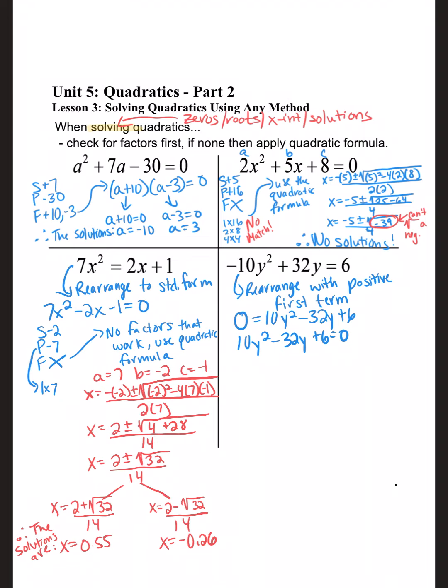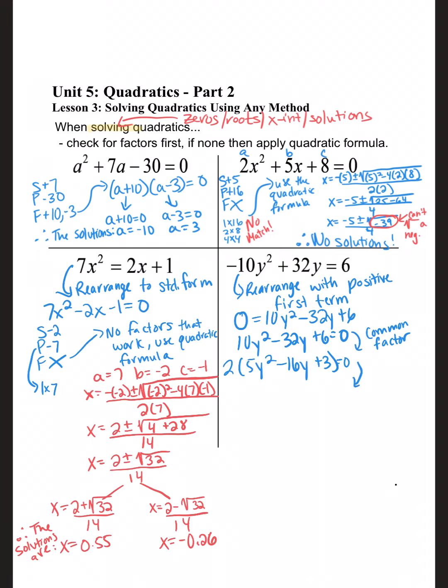And then we factor the way we know how to factor. So first, we should be able to common factor. I see that I have a bunch of even numbers, so we should be able to common factor out at least a 2. That looks like the greatest common factor. So we'll have 5y squared minus 16y plus 3 equals 0.